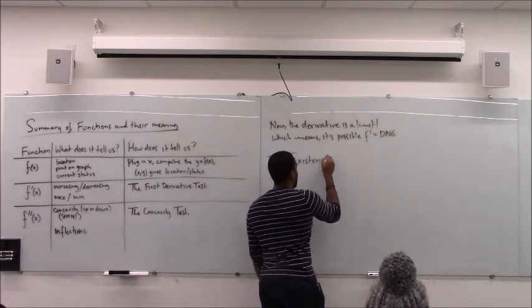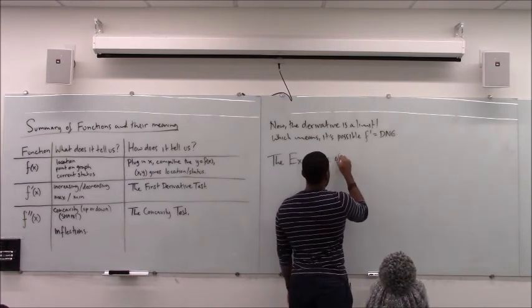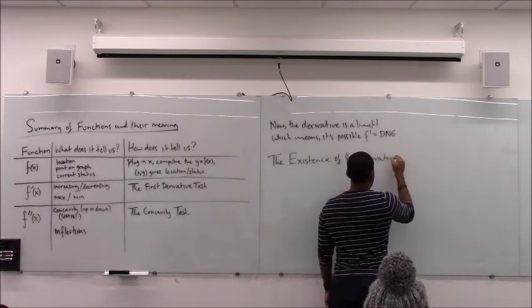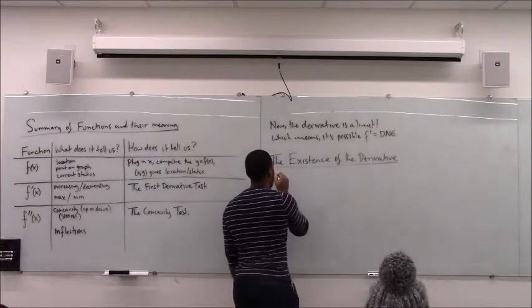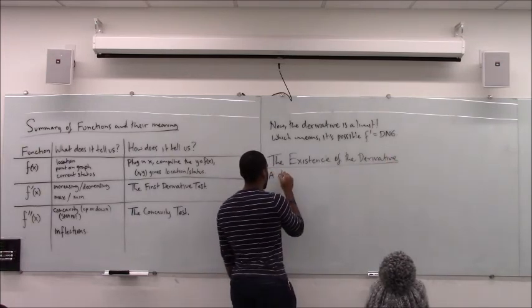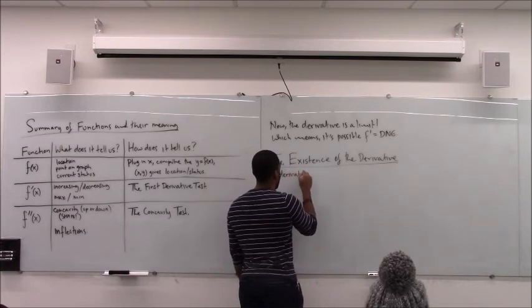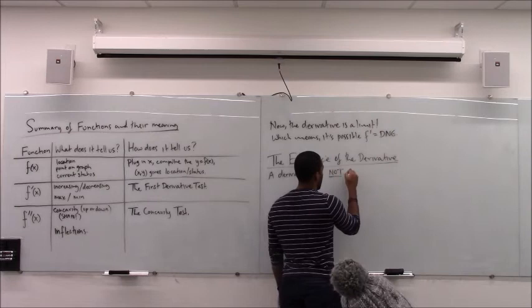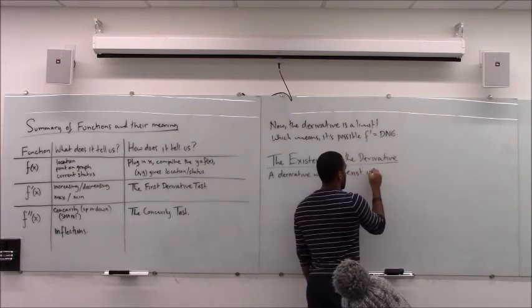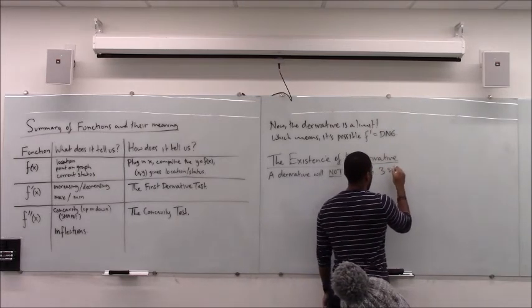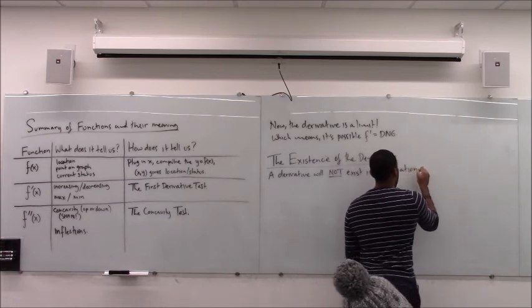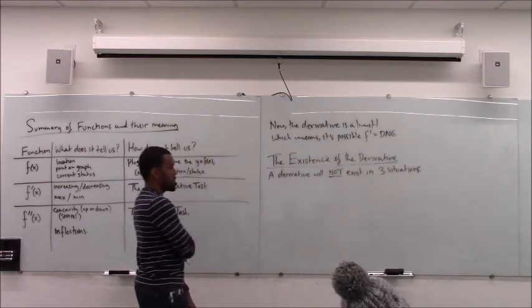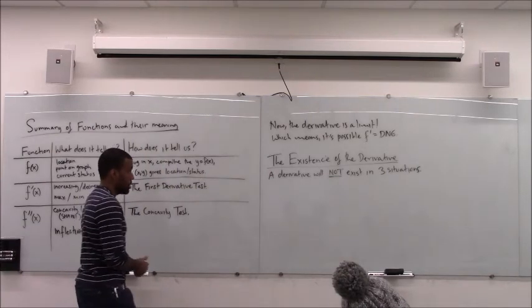When would a derivative not exist, more specifically? The derivative will not exist in 3 general situations where you're not going to be able to find a derivative.